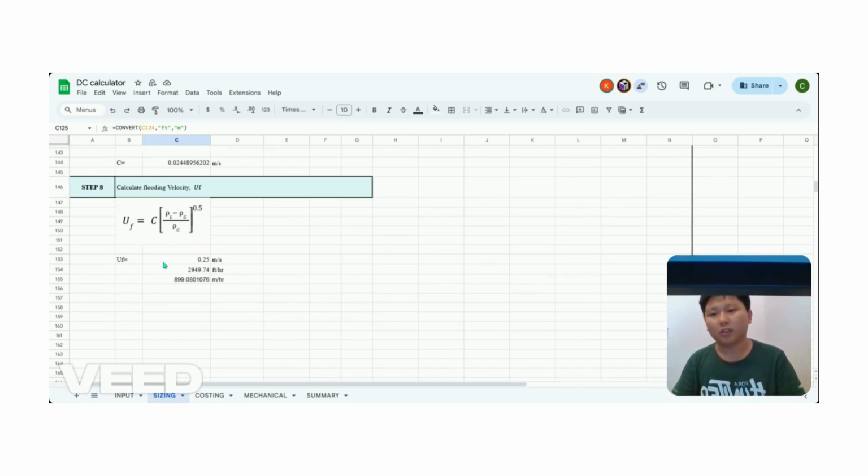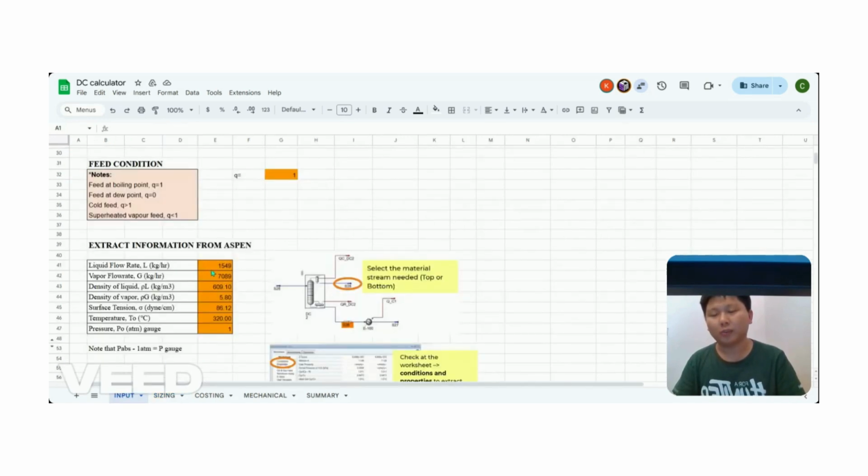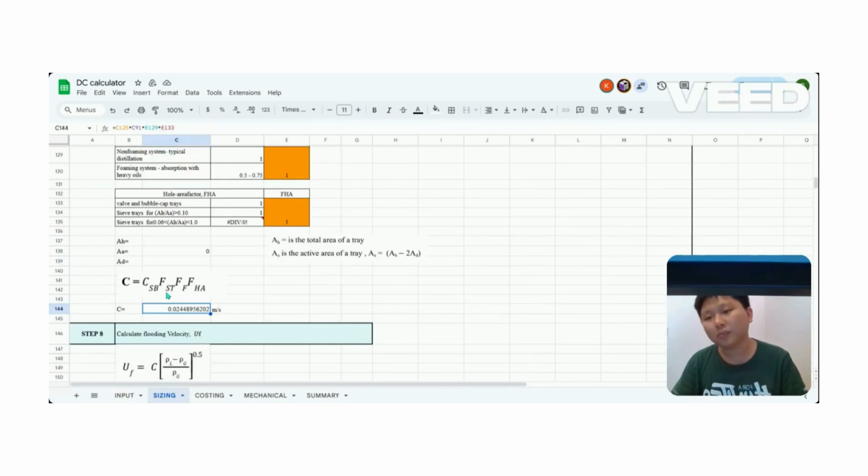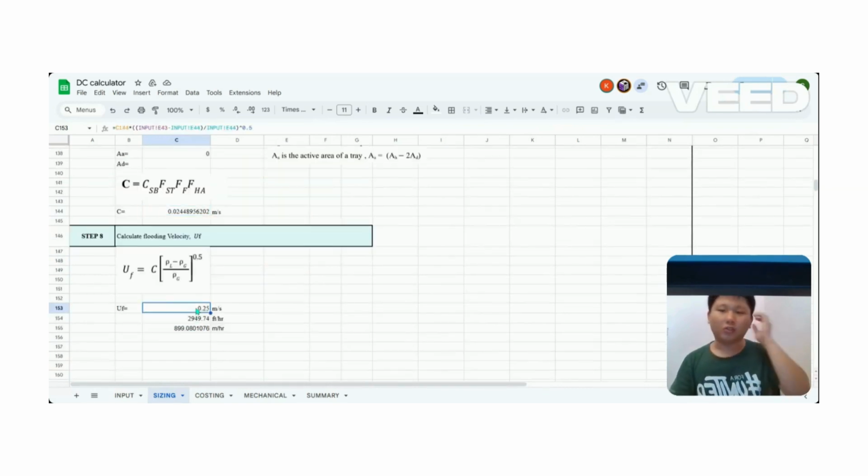By inputting the values from Aspen and also the value of capacity parameter obtained from step 7, we managed to get a flooding velocity of 0.25 meter per second. Also take note, depending on the question itself, it might require different units, so we might also need to do different conversions.